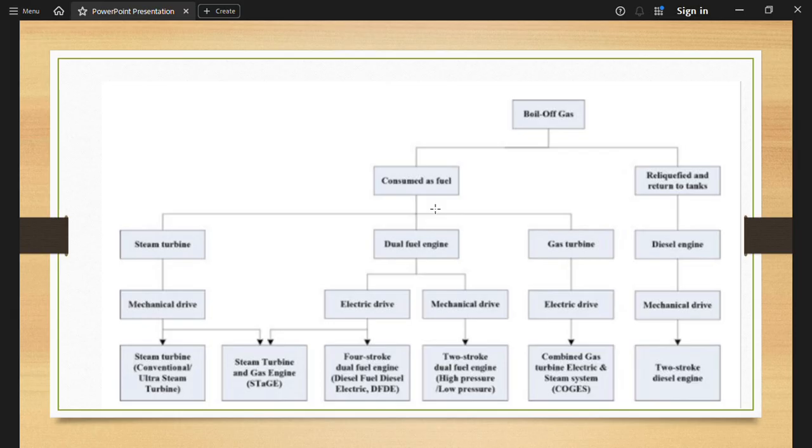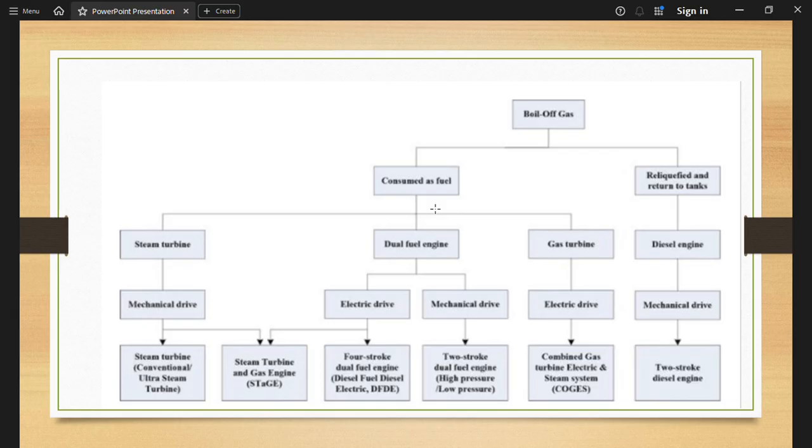These boil off gases are consumed as fuel because otherwise we would have cargo wastage, and that should not go to waste. That is the reason why we are using it, though the tanks are specially designed to carry at minus 161 degrees centigrade.